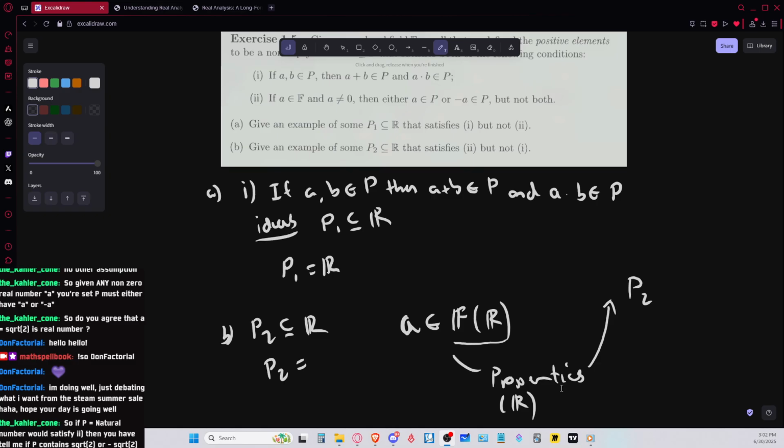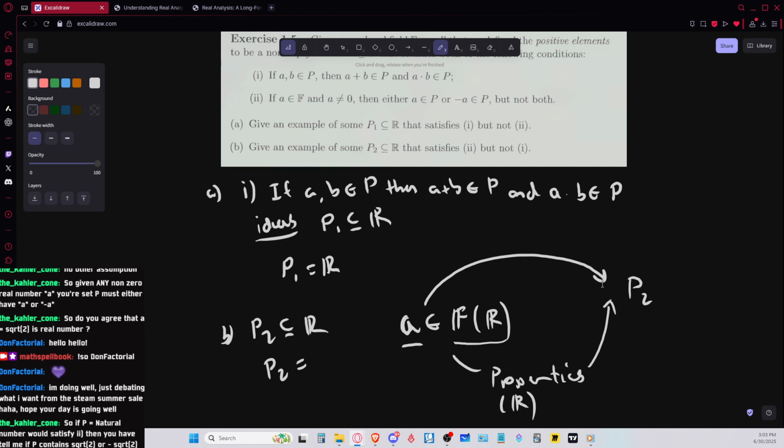Because for you to ask that question, it makes sense to me that we have to think about it as if a takes on the property of the real numbers, basically all the numbers within the real numbers, and then transplant that property into P2.